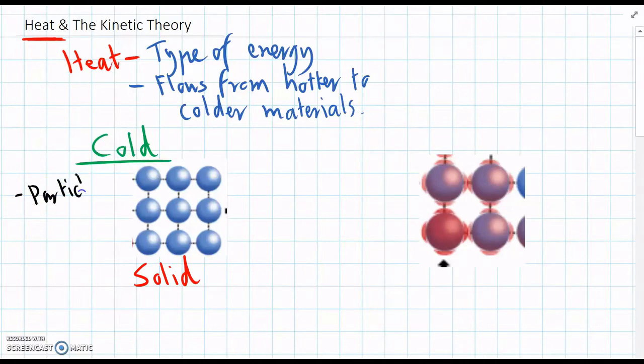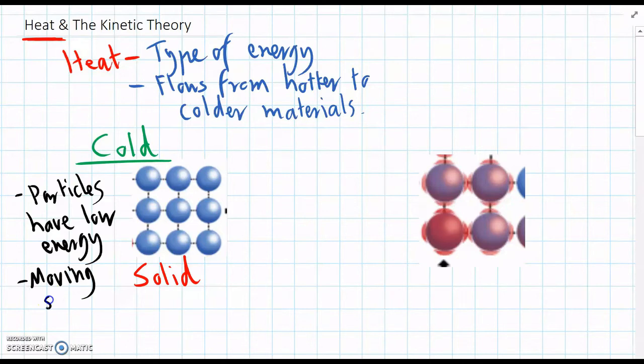So the particles have a low energy and they're moving really slowly. Just like you as a person would if the weather's really cold.